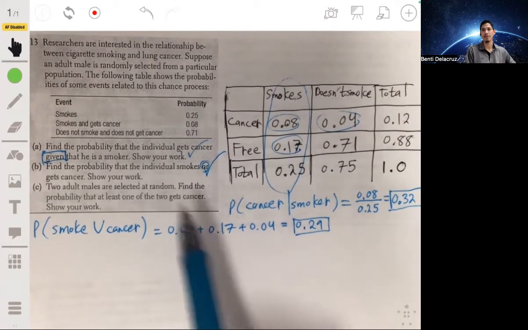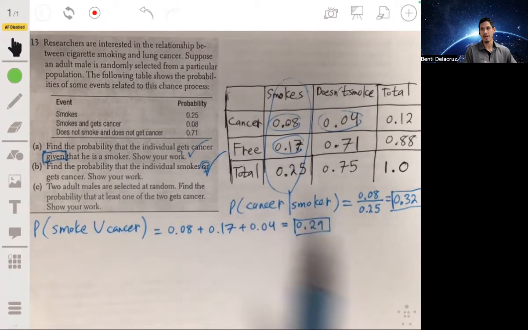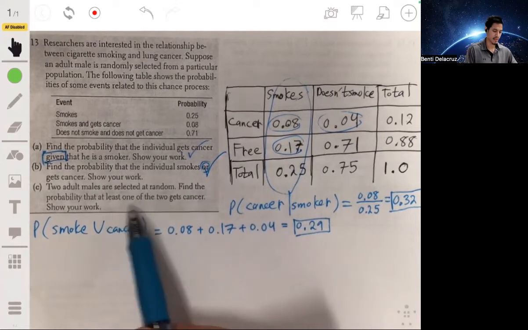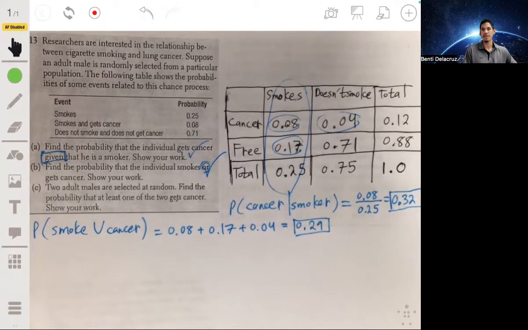All right, now part C. So this one's a little trickier. We have two adult males that are selected at random. Find the probability that at least one of the two gets cancer. Okay, so there's a couple different ways to go about this. The way I naturally do this is looking at the probabilities of what would satisfy this.